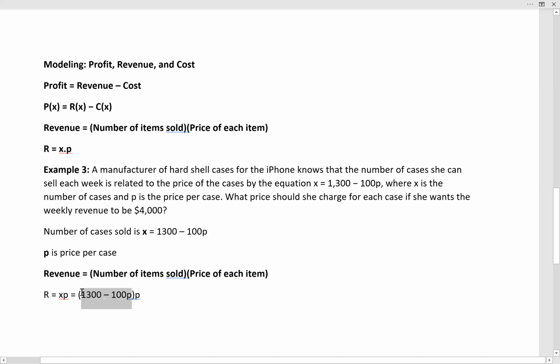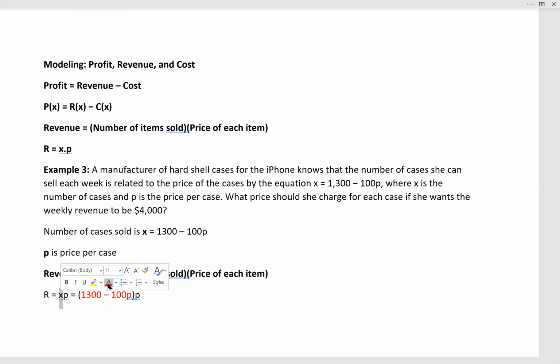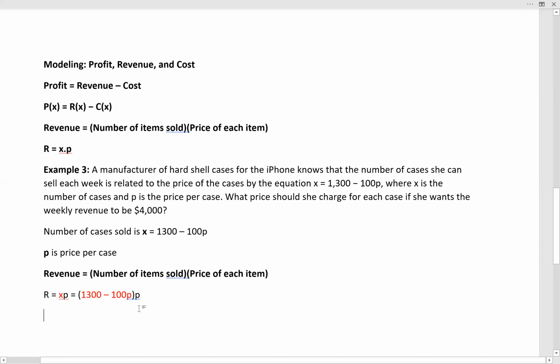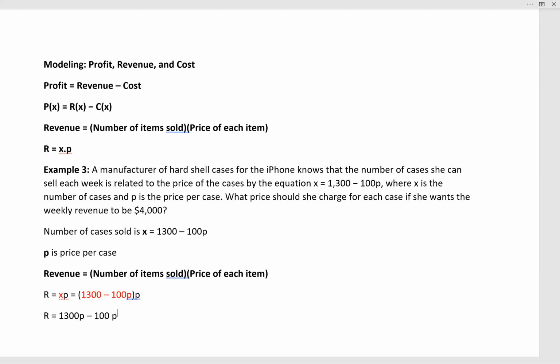I'm going to change this color to red for the x, so you don't mix it up. So this is x. Okay, so now you have R equal to, do the distribution, 1,300p minus 100p squared, right?